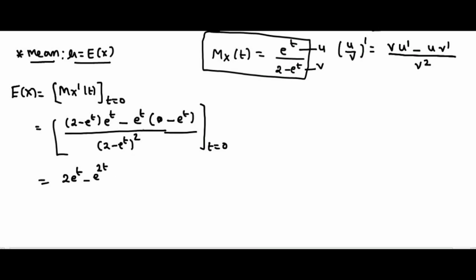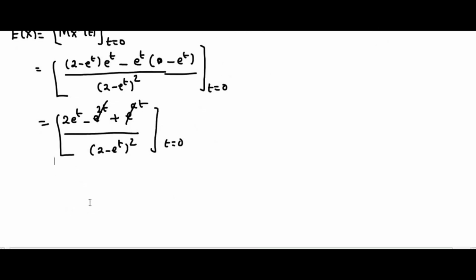So minus e power t into 0, minus minus plus e power 2t, by 2 minus e power t whole square. Here minus e power 2t and plus e power 2t get cancelled. So the numerator value is only 2 e power t by 2 minus e power t whole square.